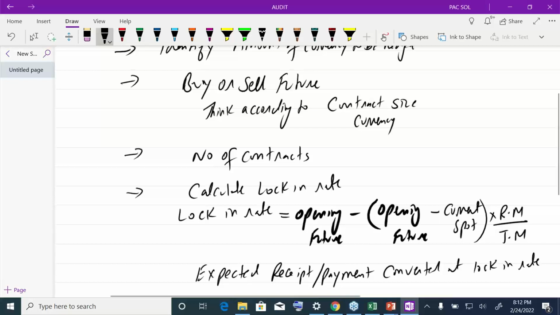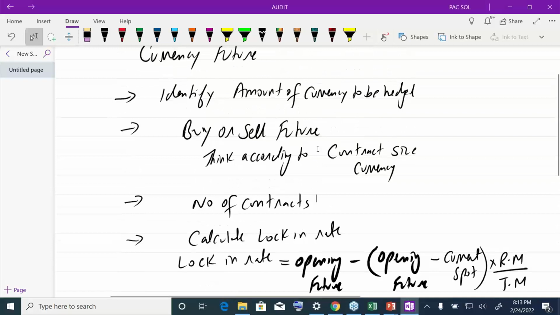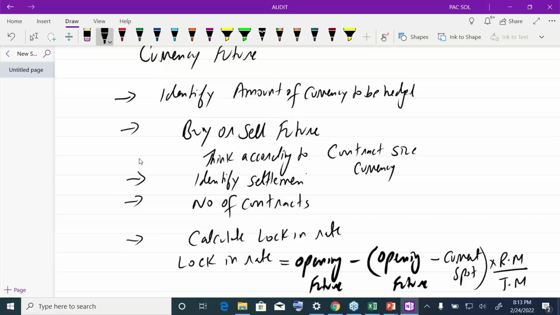So guys, future is very simple. You have to follow these steps. Number one is identify the amount of currency to be hedged. Number two, identify buy or sell future. You can add another step, identify the settlement date, whether it is a March contract, June contract, or September contract.